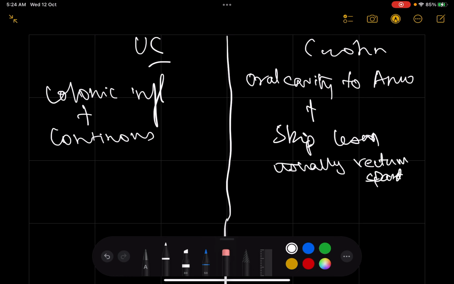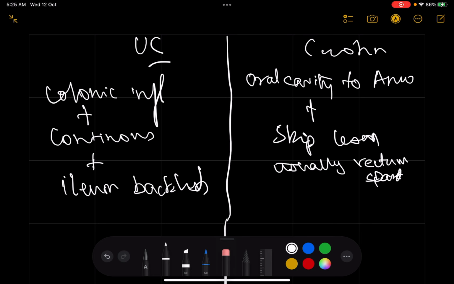But note, in ulcerative colitis as well, from the colon it can lead to backwash ileitis. It can enter the ileum as well. So it's not necessary that ulcerative colitis only has colonic involvement. Definitely not. You could also see ileum involvement. You cannot just make a direct diagnosis on that basis. So that's another important point that I had to make.